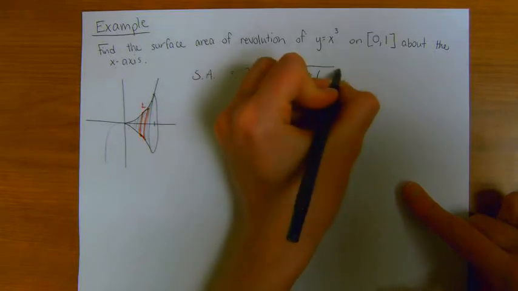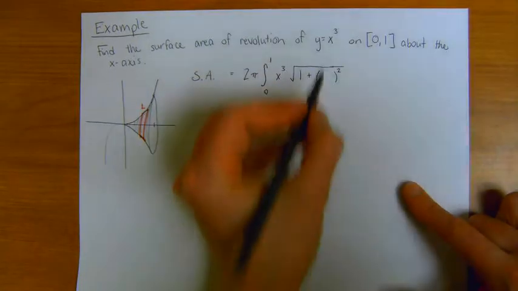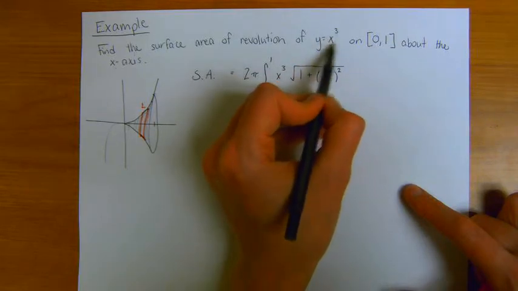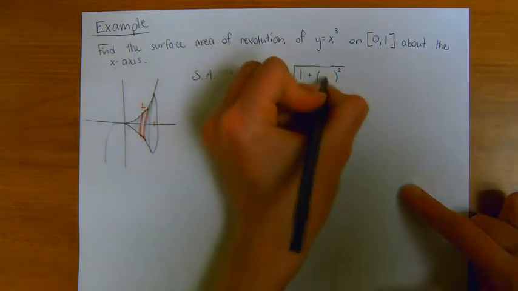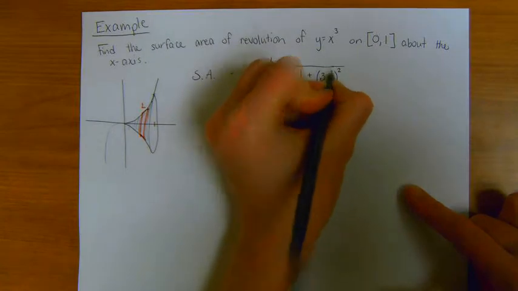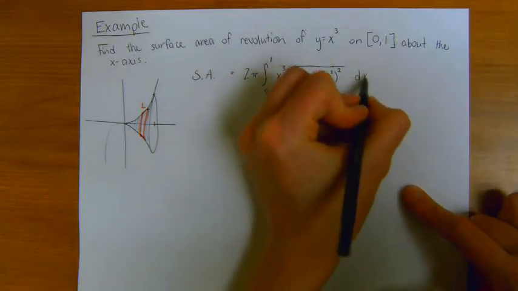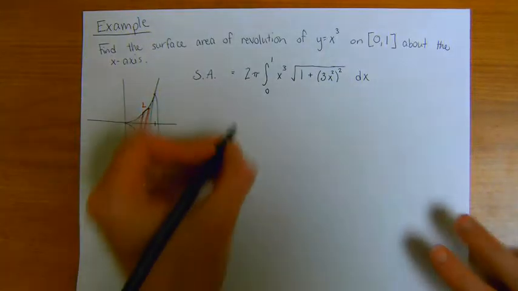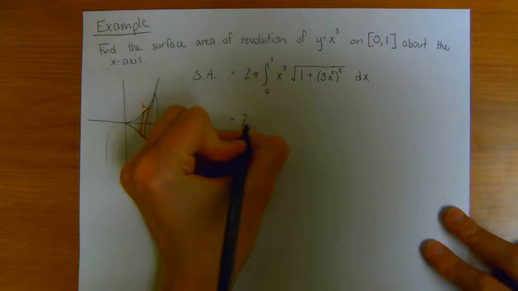It's important that we take the derivative first and then square it. This is an easy enough derivative that I'm going to do it in my head. I can say the derivative of x cubed is 3x squared dx. So I've set up my formula to find the surface area of this volume of revolution.